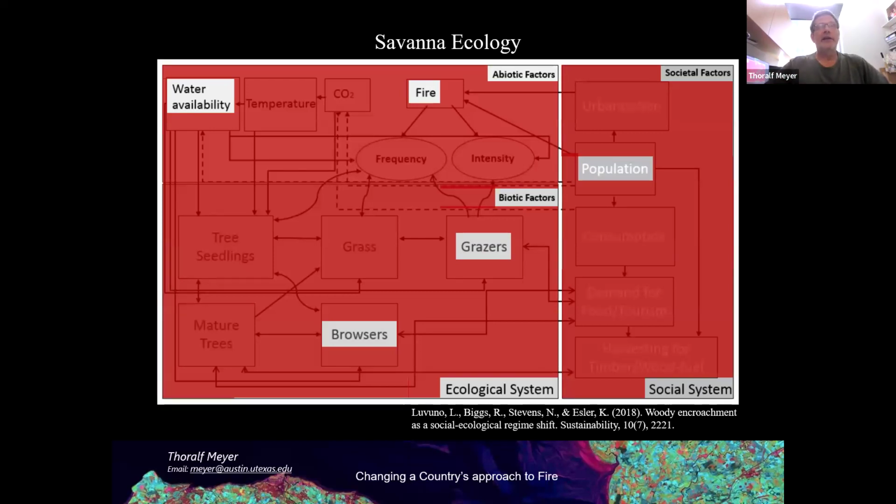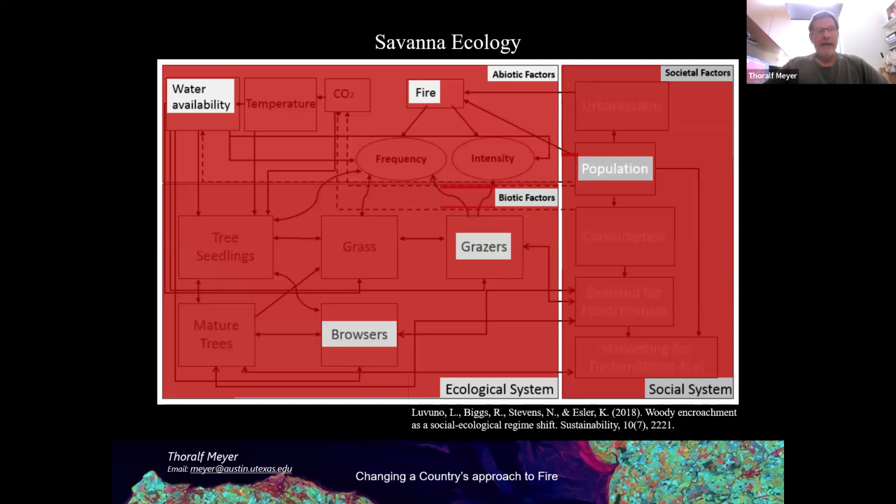And this relationship between browsers, grazers, shrubs, and grasses becomes very, very complex, and is essentially another form that removes fuel is fire. And fire has been part of this planet for a very, very long time.